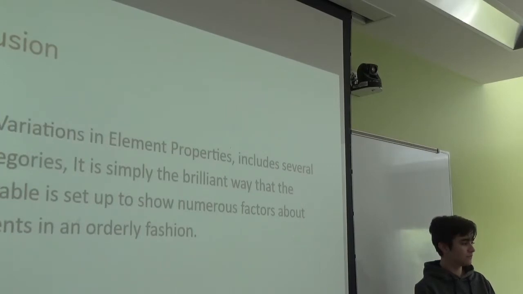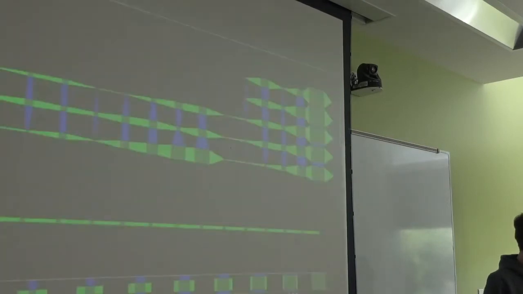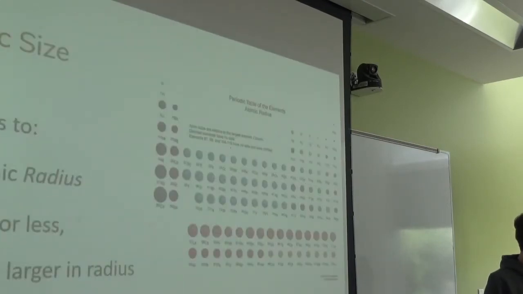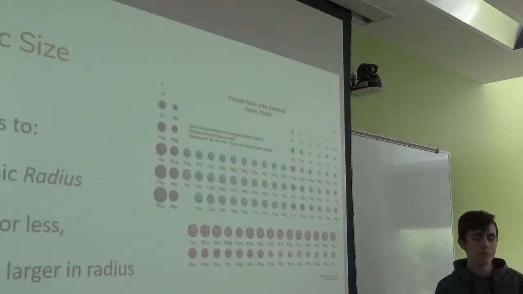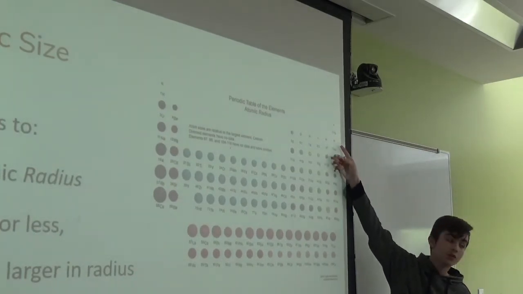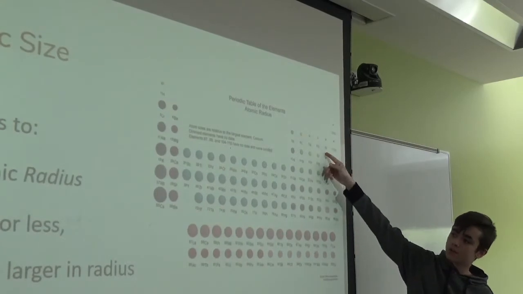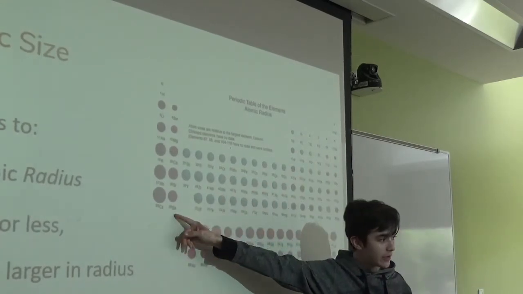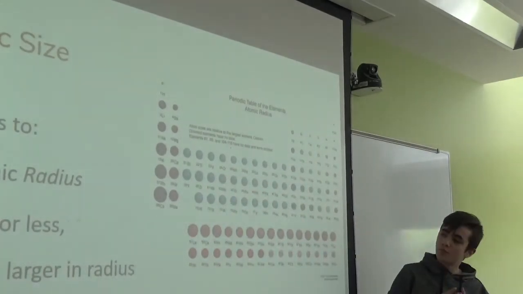I had one more question. What is the trend of the atomic radius? Atomic radius, the smallest we have is helium, and generally the radius grows as we go down and to the left on the periodic table. Why is that?